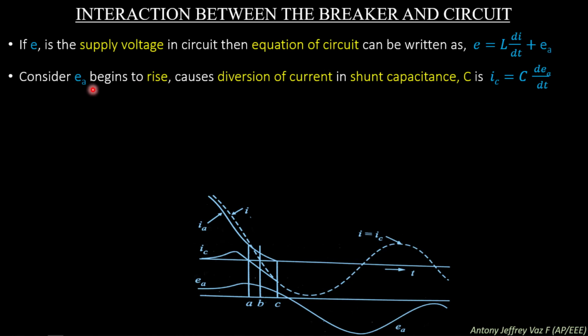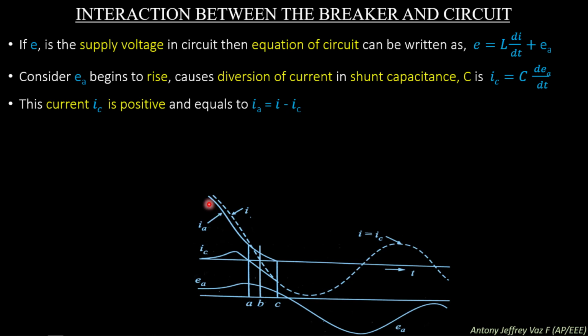Consider EA begins to rise, causing diversion of current in shunt capacitance C, which is equal to IC equal to C dEA divided by dt. You can see in this figure EA begins to rise at this instant. This current IC is positive, and IA is equal to I minus IC.